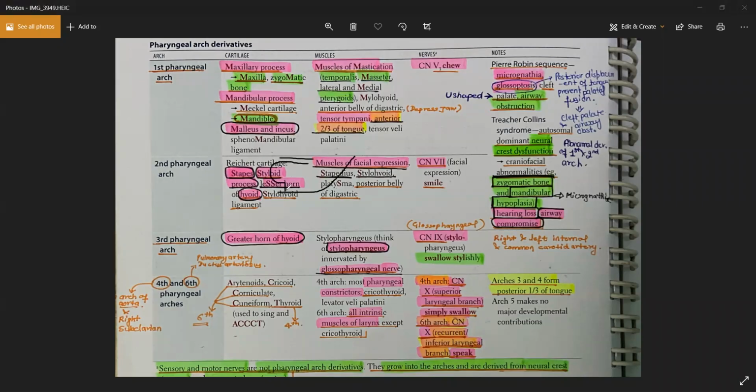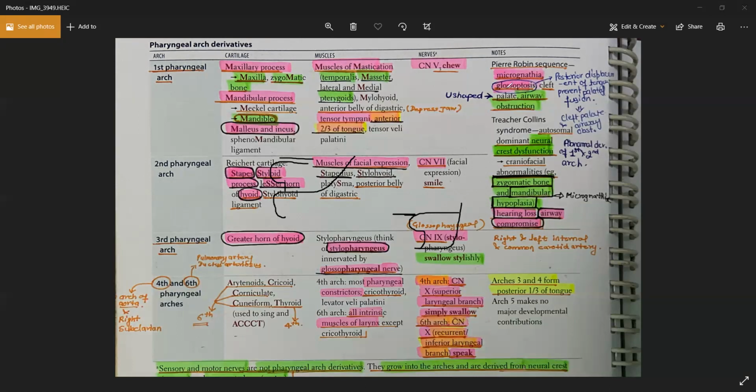Because of a shorter jaw, what will happen is you will have a posterior and upward deviation of the tongue, and as a result, it will interfere with the palates also. This is your palate, and now these palates cannot be fused because the tongue is present here. So what you will have is the cleft palate defect, not the lip, but the palate defect. The palates cannot fuse because the tongue is present here. That's the first thing.